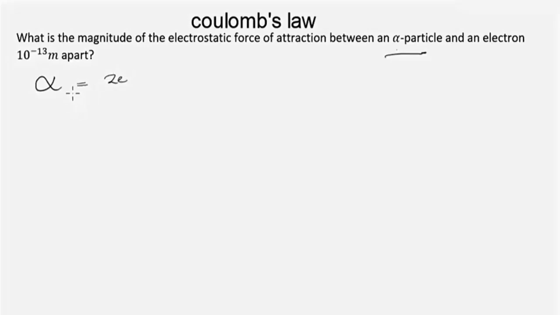Alright, so what's the reason for the 2e in the alpha particle? The reason is that an alpha particle is a helium nucleus, which consists of two protons and two neutrons.